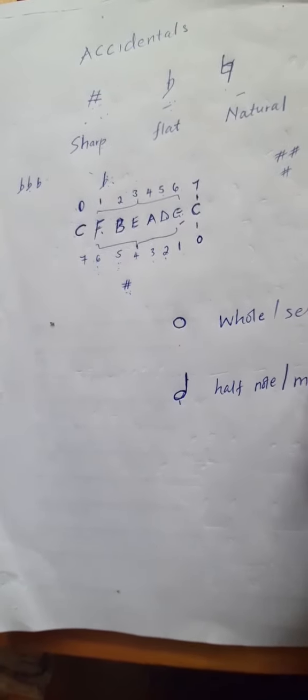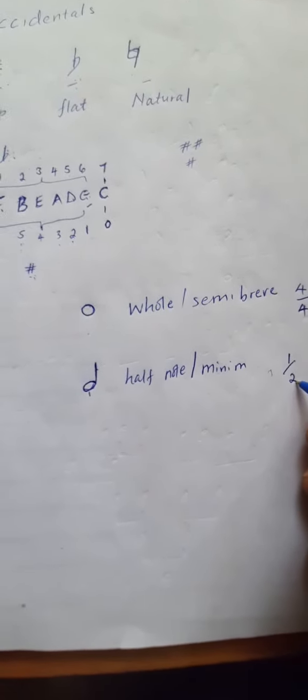Or you call it a minim, minim in Italian. Of course, music is written in Italian. Now this one is a half of this one. So this one will be 1/2, 1 out of 2, it has a half.